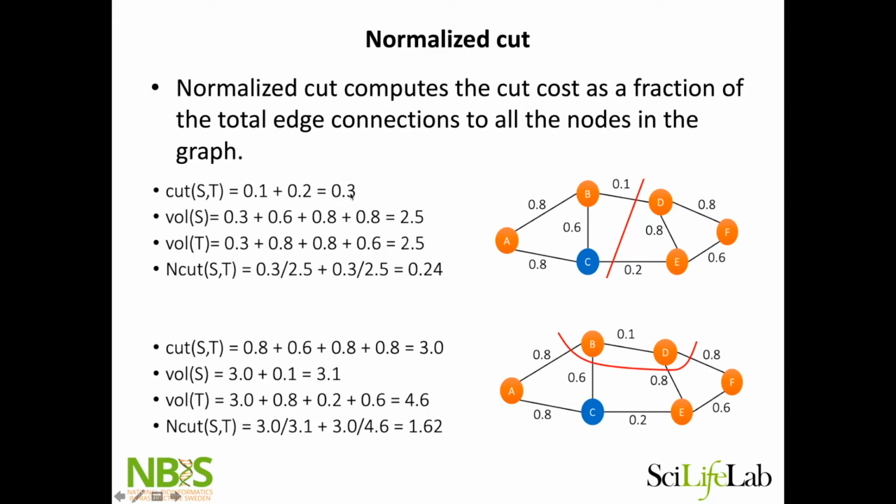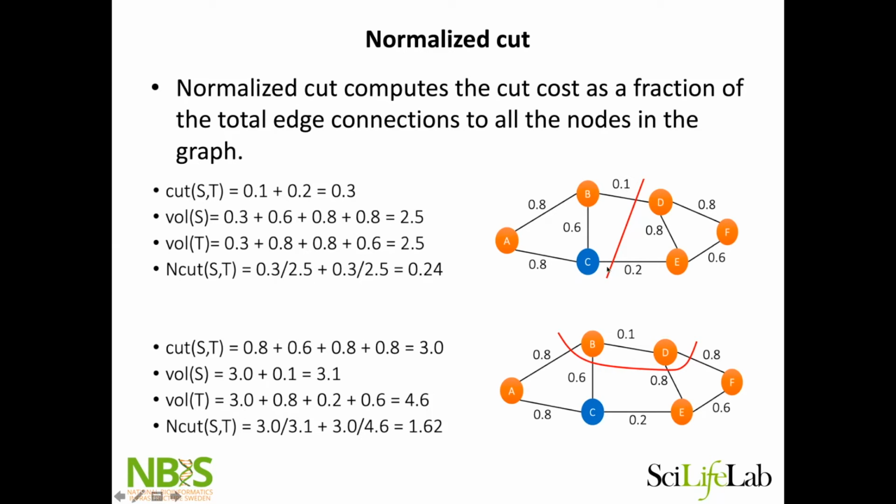So the cut cost is 0.3. But then the volume of this and this part, you add together all the weights on both sides. And the normalized cut would then be the cut cost divided by these two volumes.